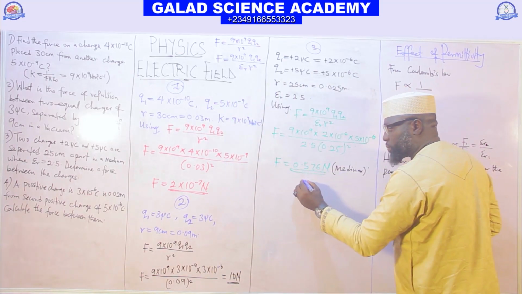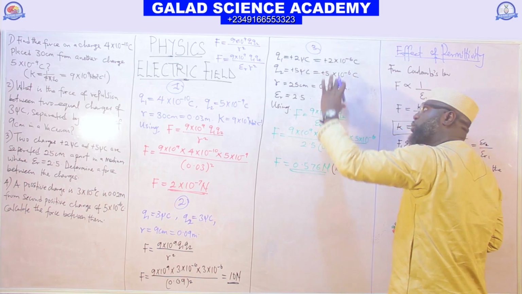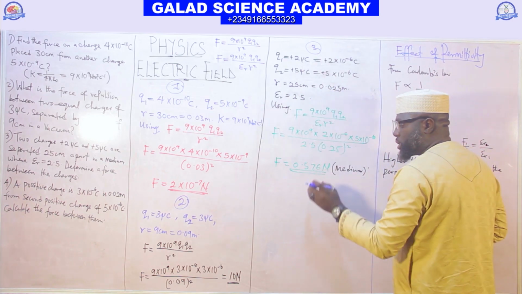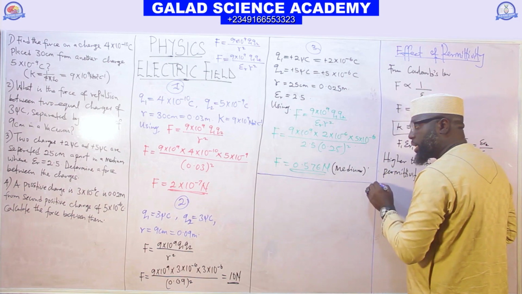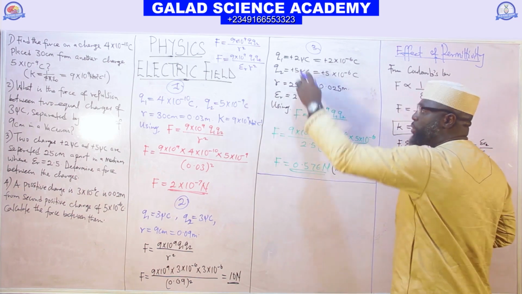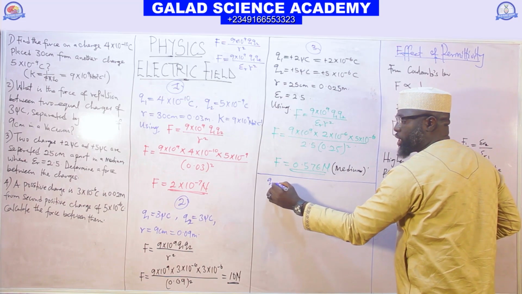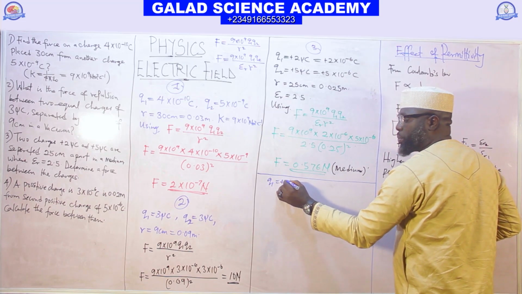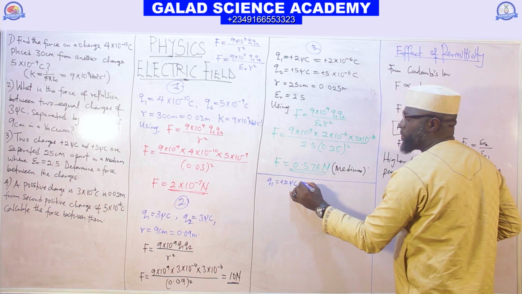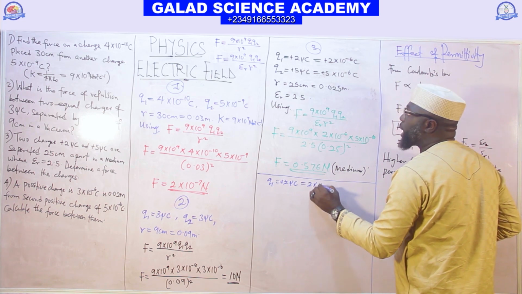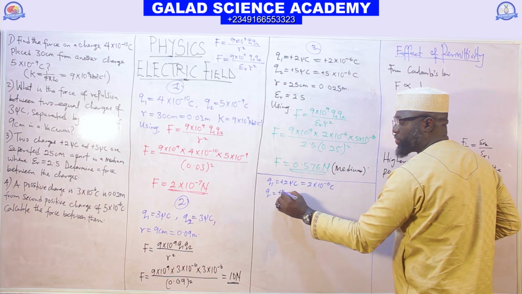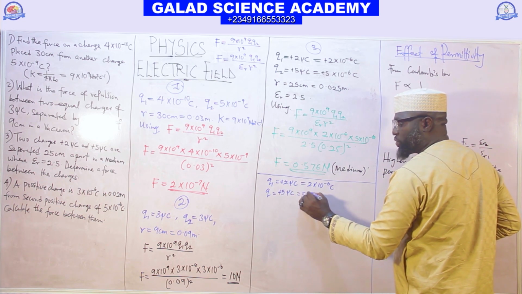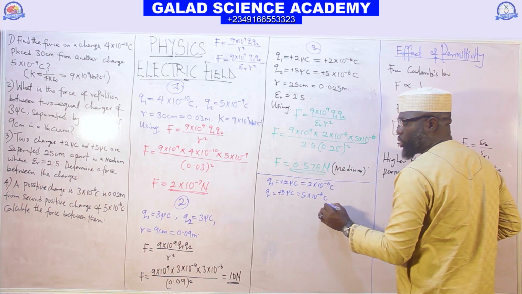Let's solve this same question in free space. Q1 is +2 microcoulomb, which is 2 times 10 raised to the power minus 6 coulomb. Q2 is +5 microcoulomb, which is 5 times 10 raised to the power minus 6 coulomb.